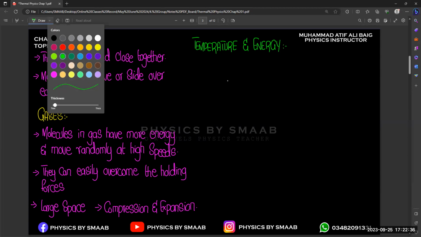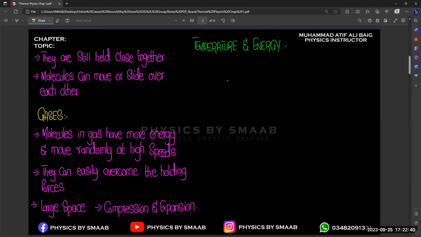So if we talk about the temperature and energy concept, we know that the amount of pressure of gas particles actually depends upon the temperature of the gas, right?